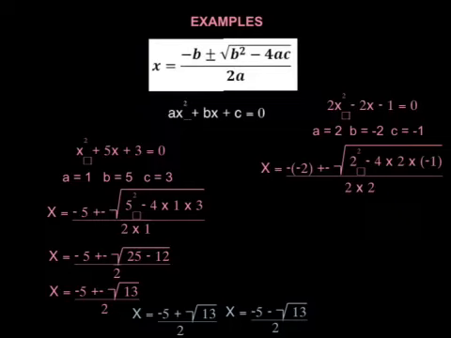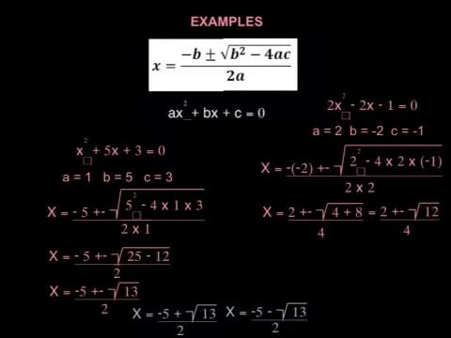Okay, I'm going to simplify this. I'm going to fix up the negatives here and also here. When simplified, we get x is equal to 2 plus or minus the square root of 4 plus 8, all over 4. We can then simplify the 4 and 8 again, so x is equal to 2 plus or minus the square root of 12, all over 4.